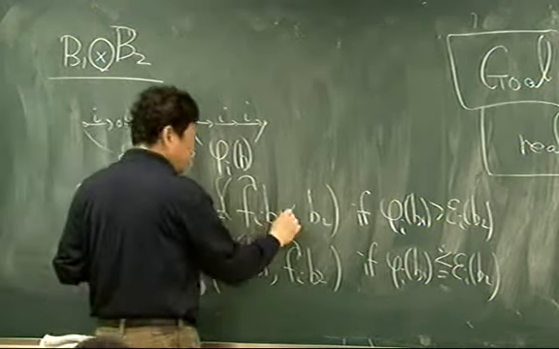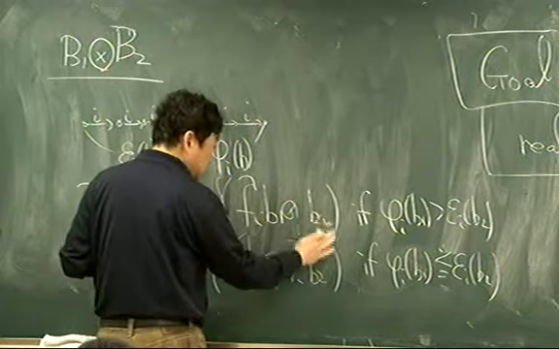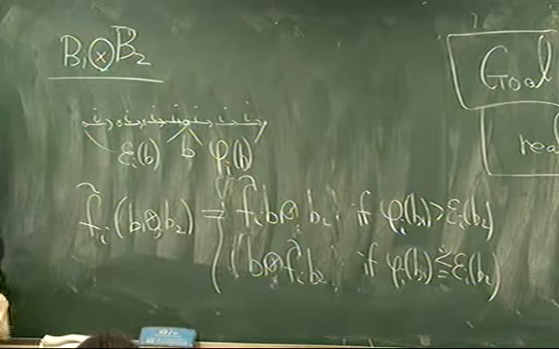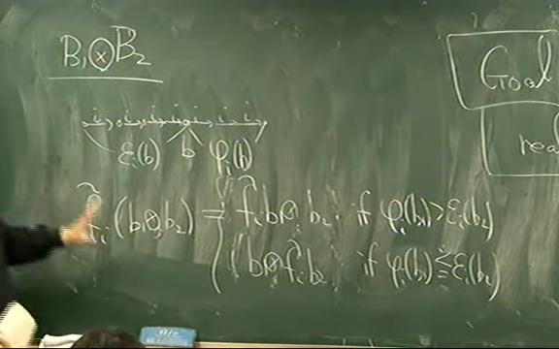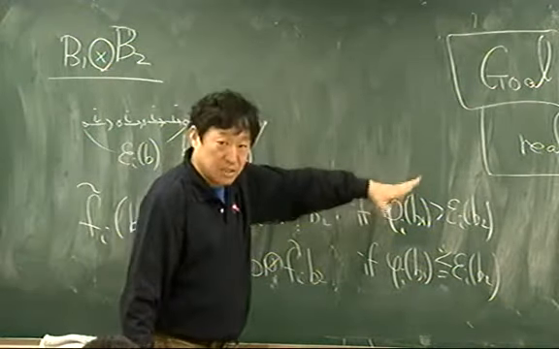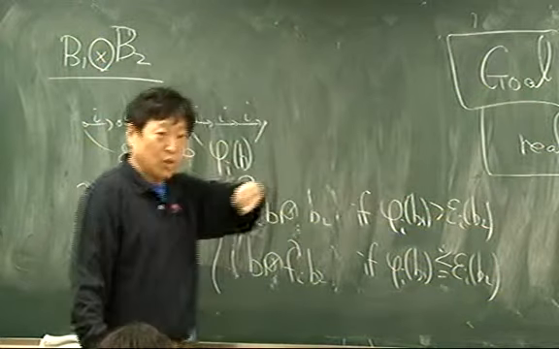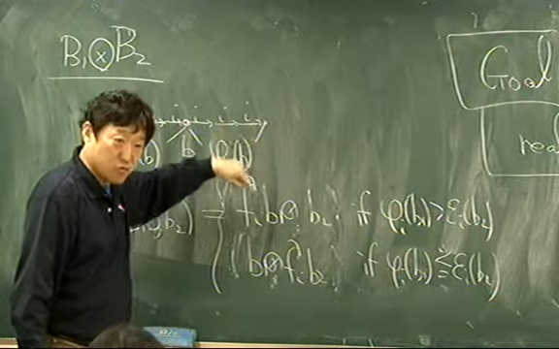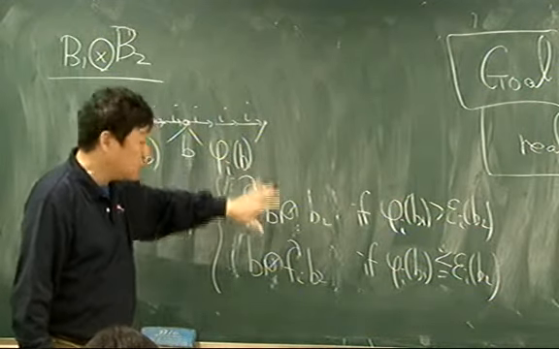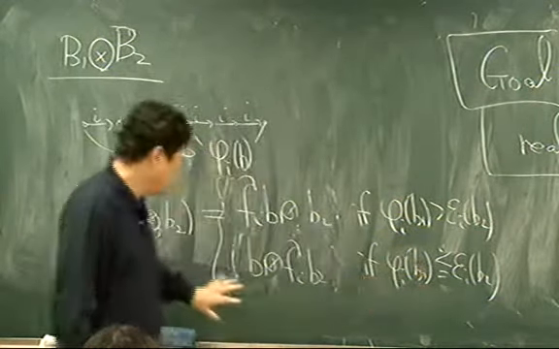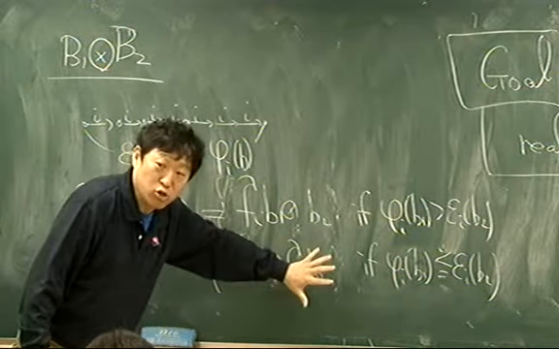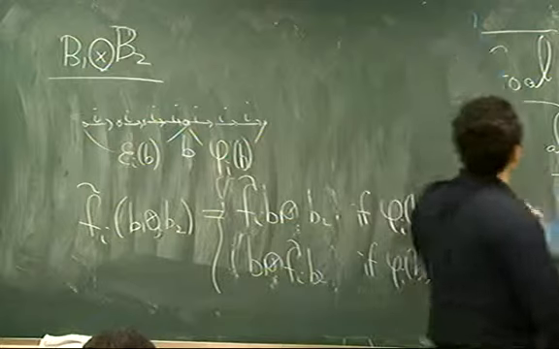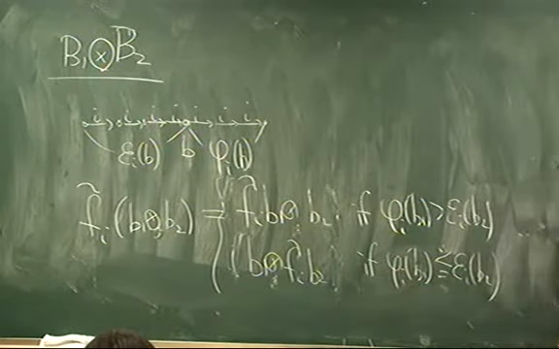What it says is that if this condition is satisfied, we draw an arrow for the first component. In the second case, we draw an arrow in the second component. Let us look at this through pictures.